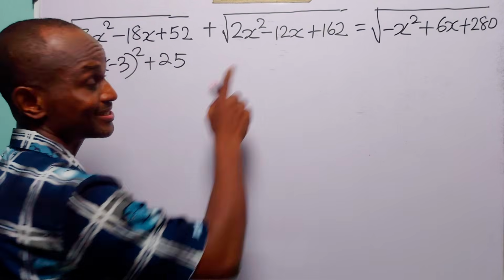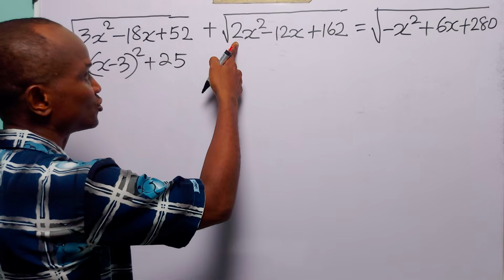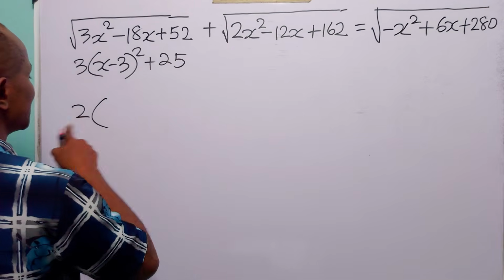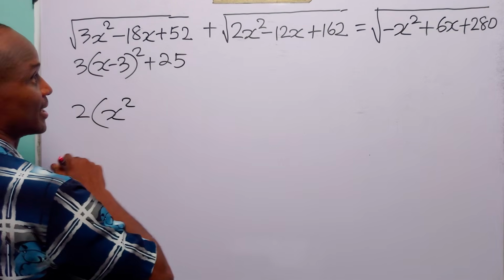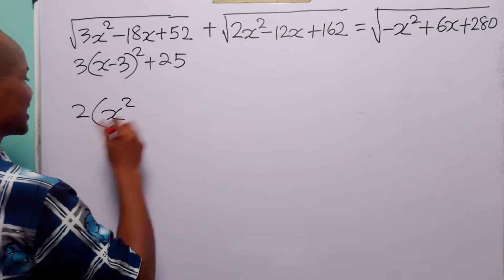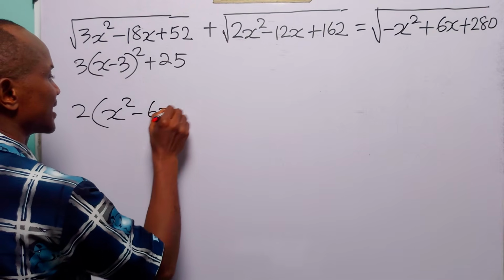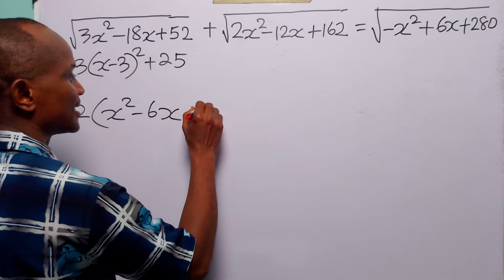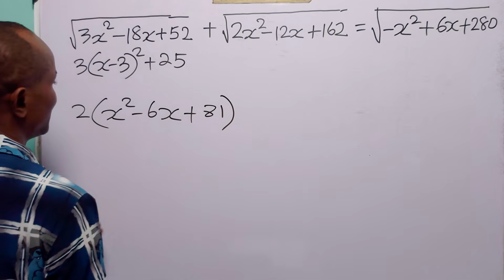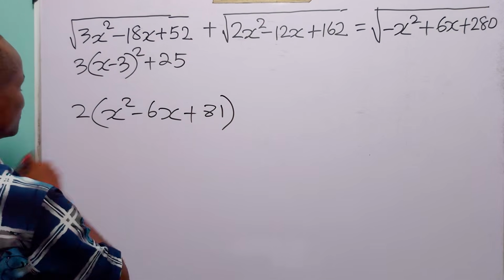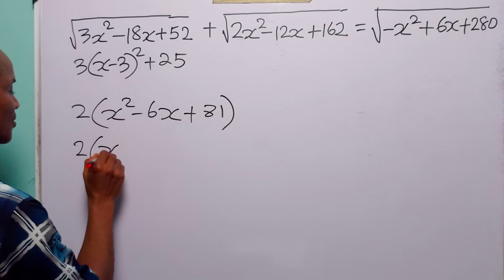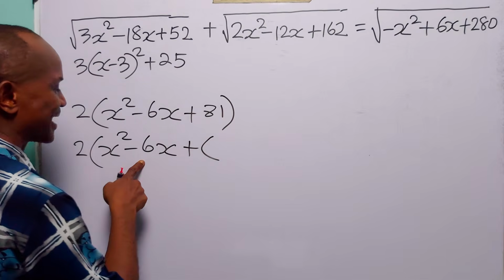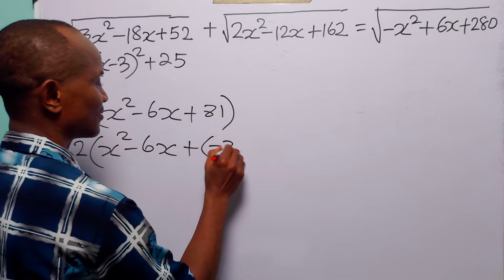Now, for the second quadratic expression, we start by taking 2 out of the expression. We have 2 into x squared, minus 6x, and 162 divided by 2 is 81. Now, once more, we complete the square. So we have 2 into x squared minus 6x plus, minus 6 divided by 2 is minus 3.